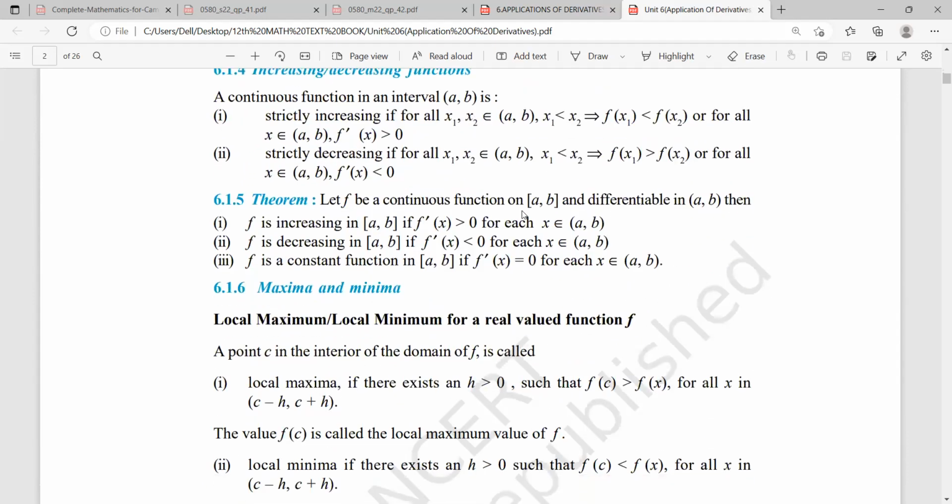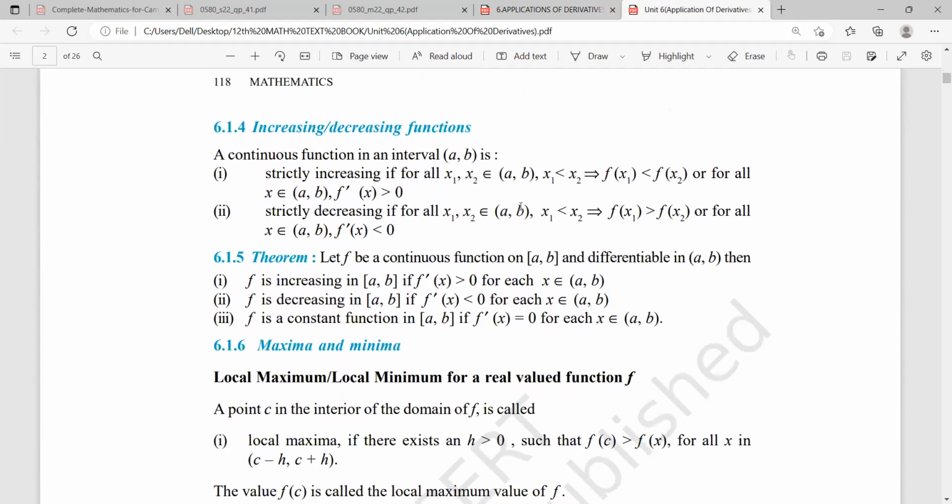Then increasing and decreasing. You remember increasing and decreasing? Yes, sir, I remember it. As x increases, if f of x also increases, then it's called increasing. As x is increasing, if f of x is decreasing, you see, f of x1 is greater than f of x2. That means decreasing, right? So then we say it is a decreasing function.